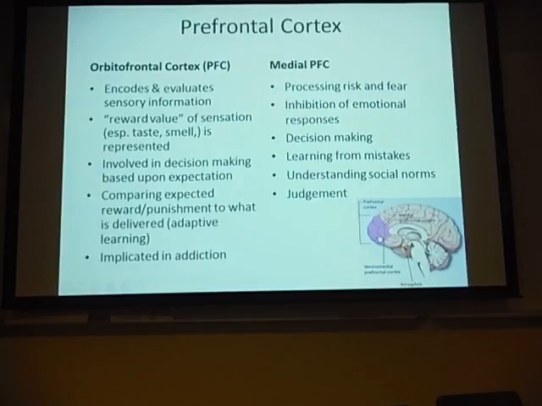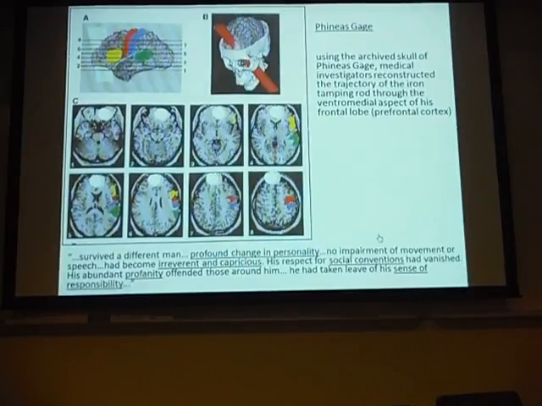All right, I think that's a good place. You guys have heard of Phineas Gage. He had an iron rod projected through his prefrontal cortex. This was one of the initial studies that told us what the prefrontal cortex does, because he maintained intelligence, speech, motor function, all of that, but had profound changes in personality.